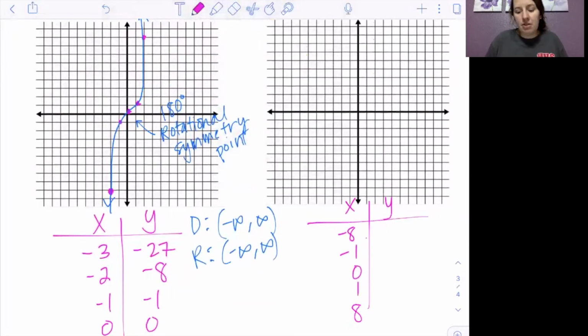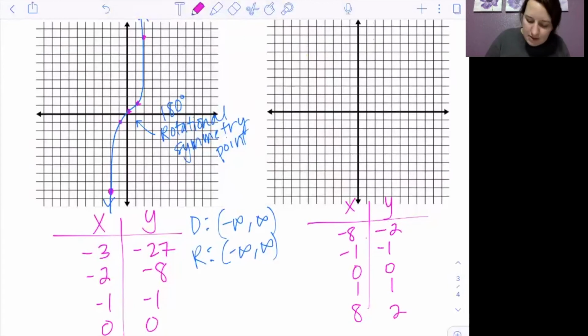But when we're doing a cube root, we can get a negative value. For instance, the cube root of -8 is -2, because -2 times -2 is 4, and 4 times -2 gets us that -8. So -2 to the third power yields a -8. Cube root of -1 is -1, cube root of 0 is 0, cube root of 1 is 1, and cube root of 8 is 2.